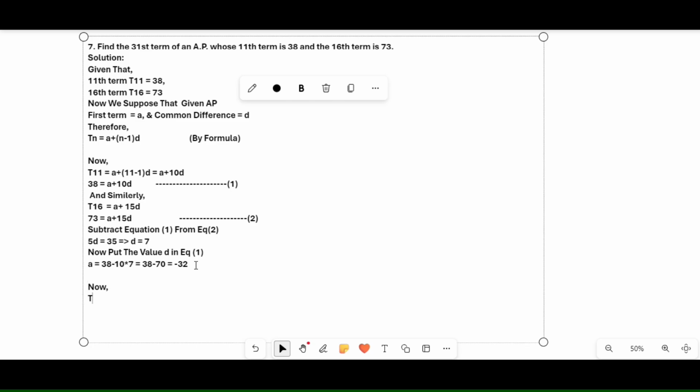Now the 31st term is equal to A plus (31 minus 1) into D, where D is equal to 7.